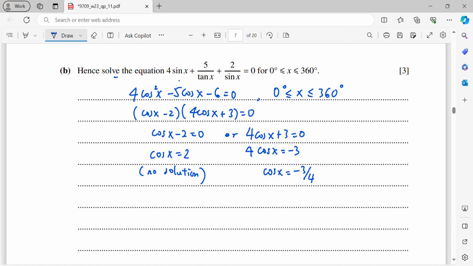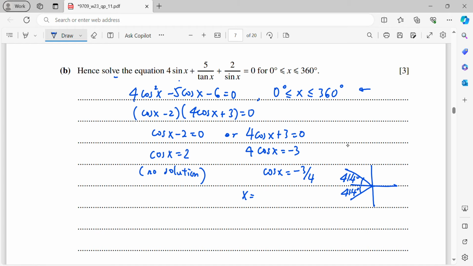Okay, by looking at this domain, the interval of x, when the cos x is negative, that means by referring to the quadrant, the angle should be in second and third quadrant. So now, when you press your calculator, inverse cos 3 over 4 without the minus, you will get the acute angle, which is 41.4 degrees.